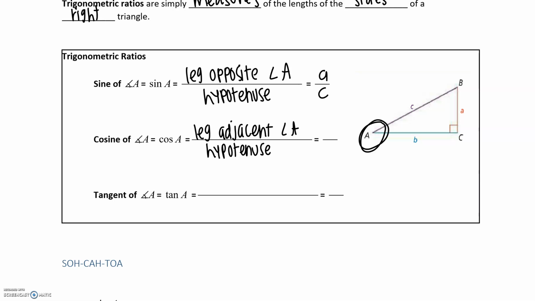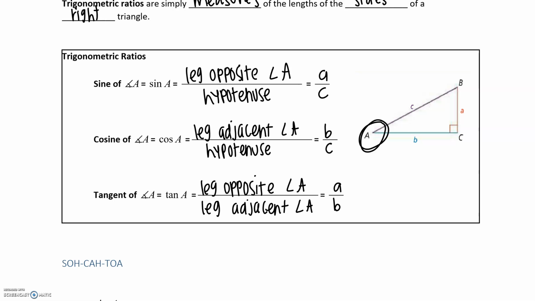Okay, so our leg adjacent, which is right next to it, is going to be that side B over our hypotenuse, which we've already found is that side C. Our last trigonometric ratio is going to be our tangent of A, which is going to be the leg opposite angle A over the leg adjacent angle A. Okay, so that means that we're going to have the leg opposite, which is our A, over the leg that it's right next to it or adjacent, which is B.